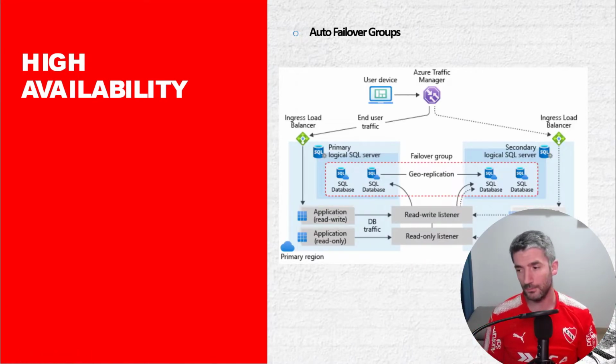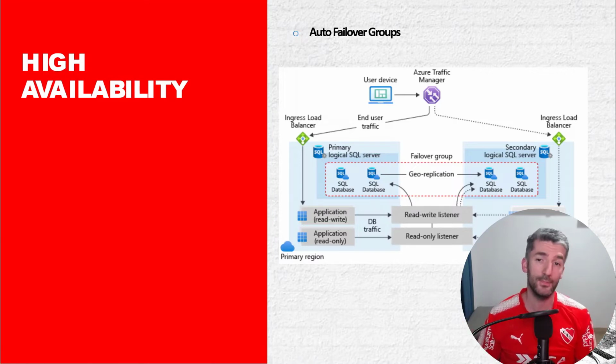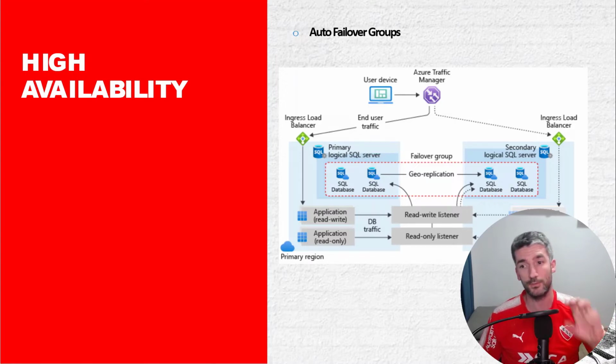We talked about how we can protect our service from a region outage. Well, Auto-failover Group will be your solution. So Auto-failover Group, again, internally it's using availability group. You will be protecting your Azure SQL MI in case the primary region goes down. Automatically there will be a failover.